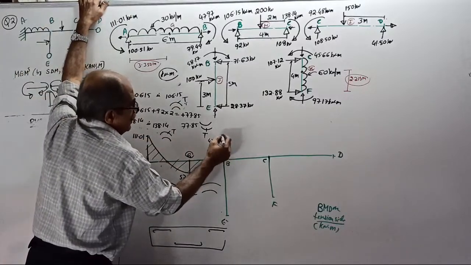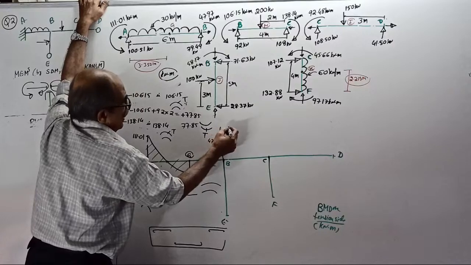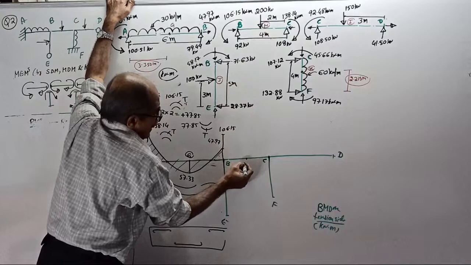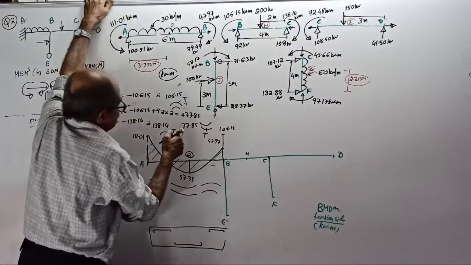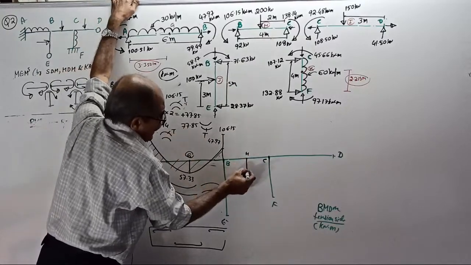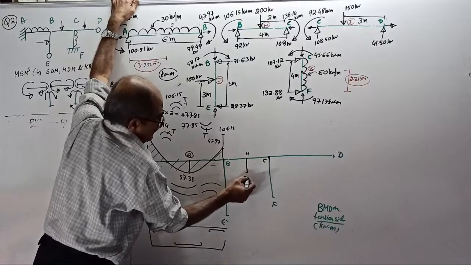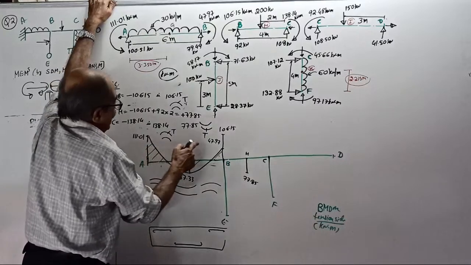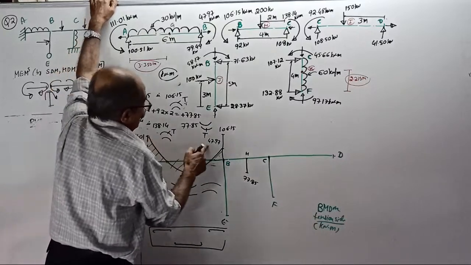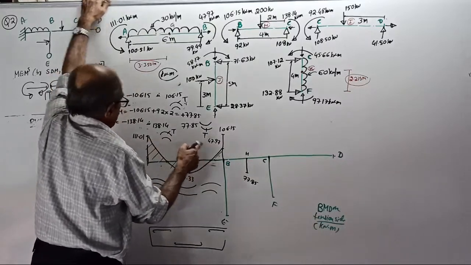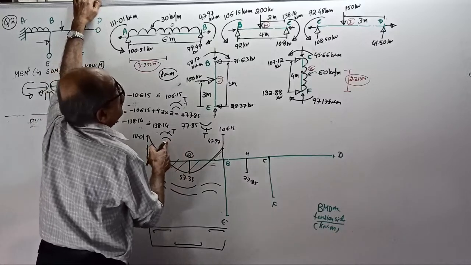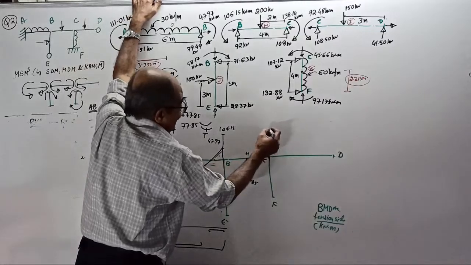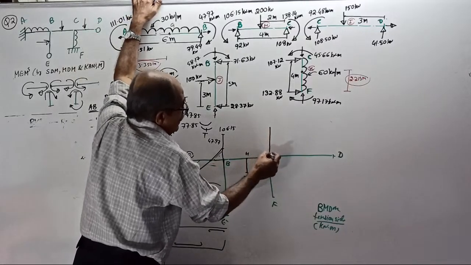Okay. 106.15 top at the point B. At the H point it is sagging 77.85. Okay, sufficient. Here it is hogging of 138.14, little bigger.